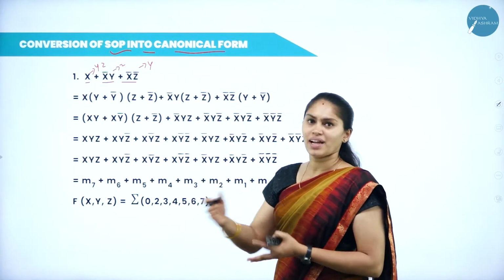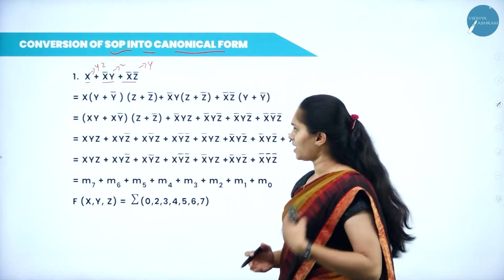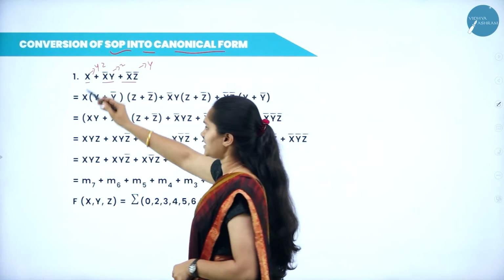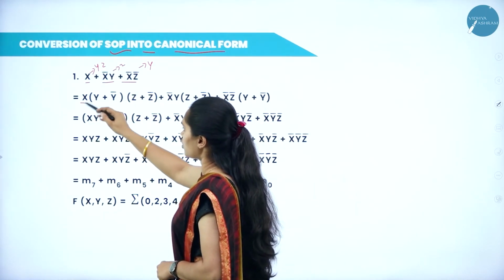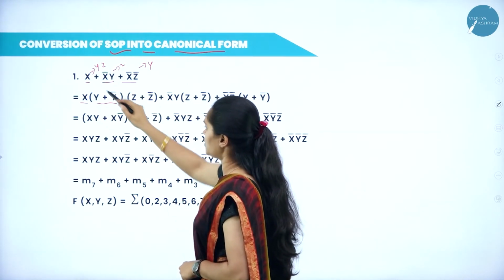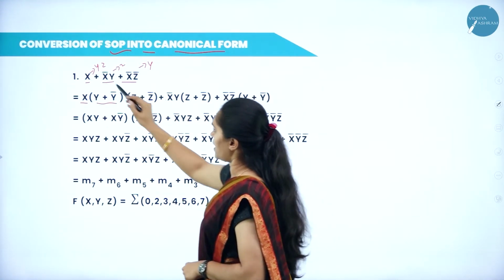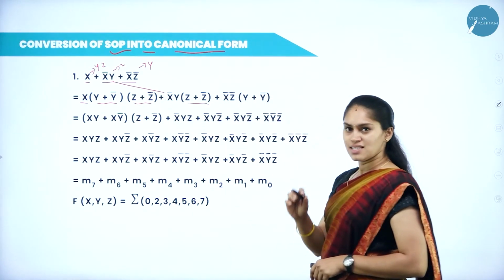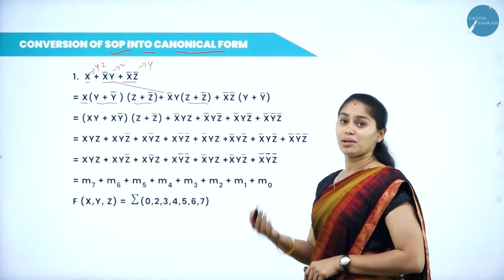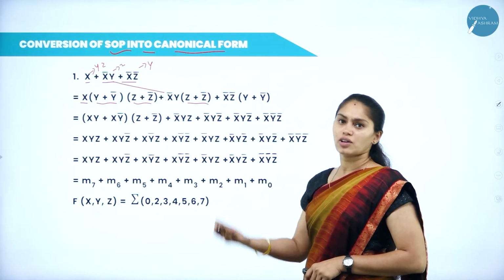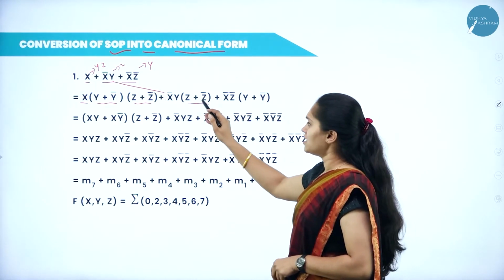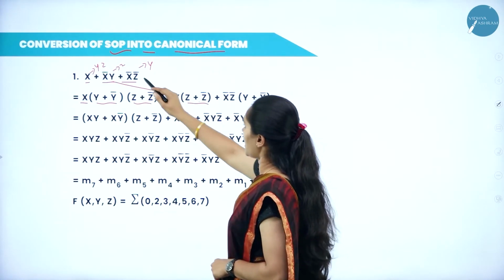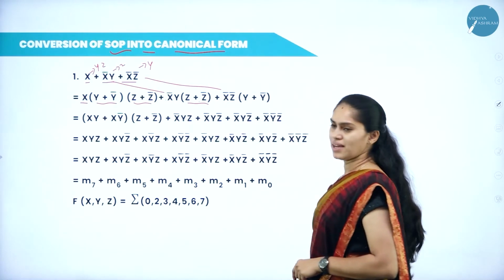So in order to make each term complete, we have to include the complemented and normal variable with it, so that it will be x into y plus y bar into z plus z bar, plus x bar y into z plus z bar, as we know that a variable can be normal or complemented. So I have to take both, then plus x bar z bar into y plus y bar.